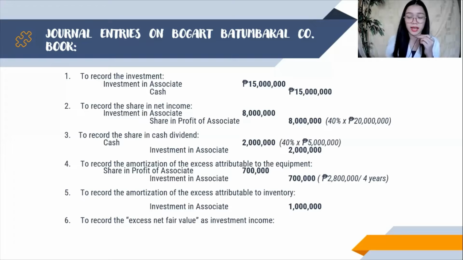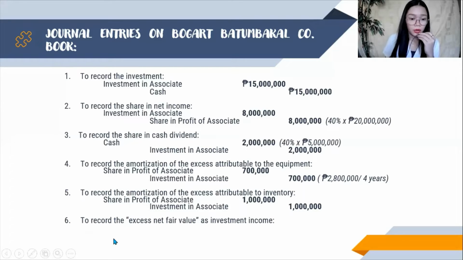So may decrease sa kanyang equity. So may decrease, of course, dapat may corresponding decrease din tayo sa ating investment. So we credit, bawasan natin yung investment in associate natin ng 1 million and we debit share in profit of associate na 1 million. So ito yung tinatawag natin na expense. I-expense natin yung excess attributable dun sa inventory pag nabenta siya. So ito yung entry natin.